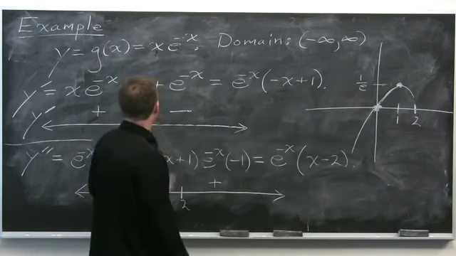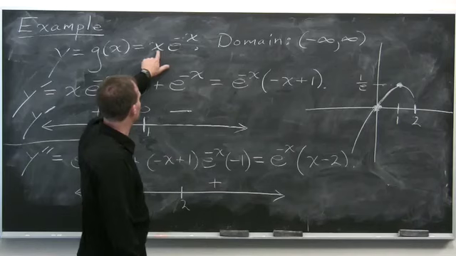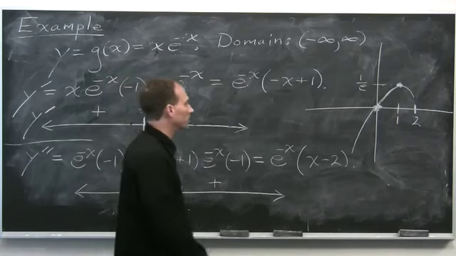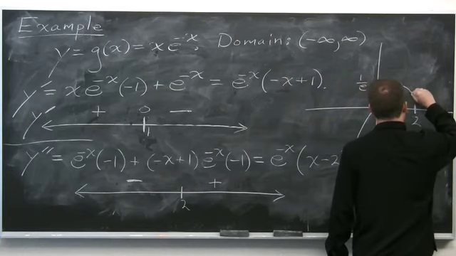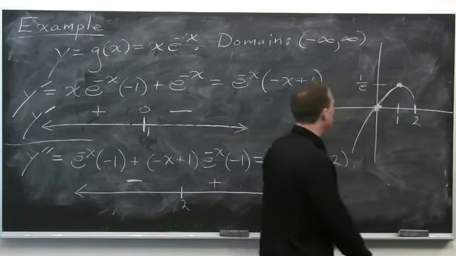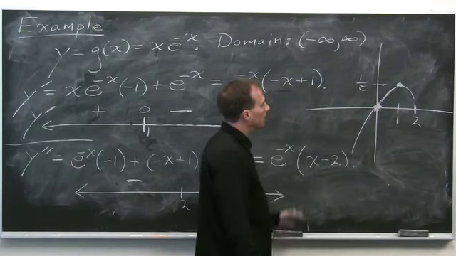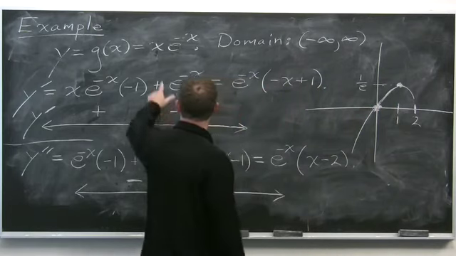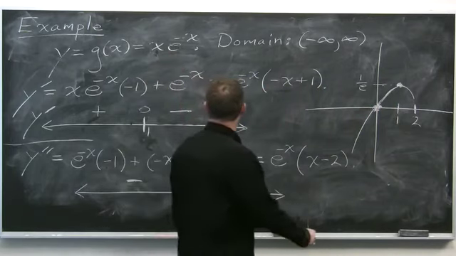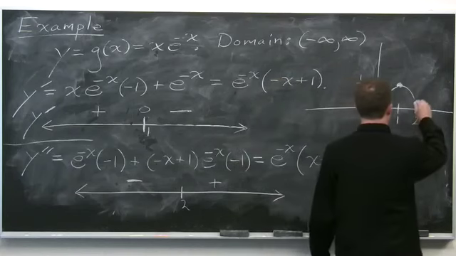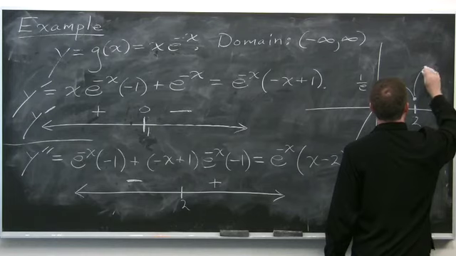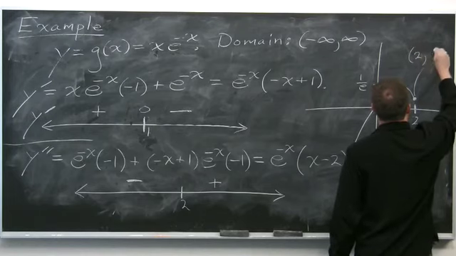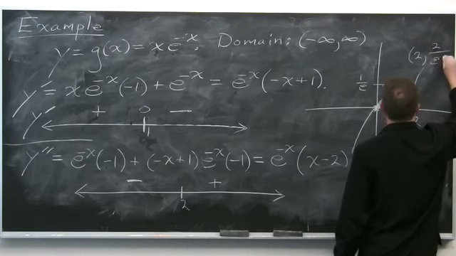Well, if x is positive, this is positive, and e to the minus x is always positive. So no, it doesn't go below the x-axis. So it's decreasing and concave down until there. At 2, you're at 2 e to the minus 2. So this y-coordinate, this point, is 2 over e squared.